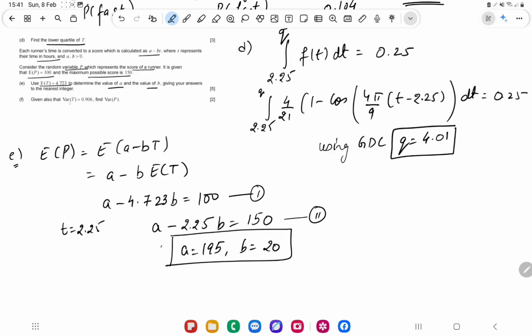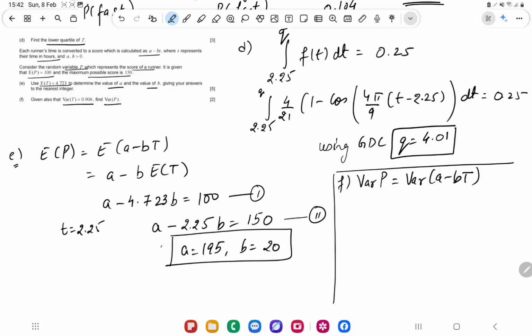Now in the F part, variance of T is given to me as 0.906. I have to find the variance of P. So to solve F part, I can write that variance of P is variance of A minus BT, and using your formula booklet, you can write this as B square variance of T. What B value will you be putting here?